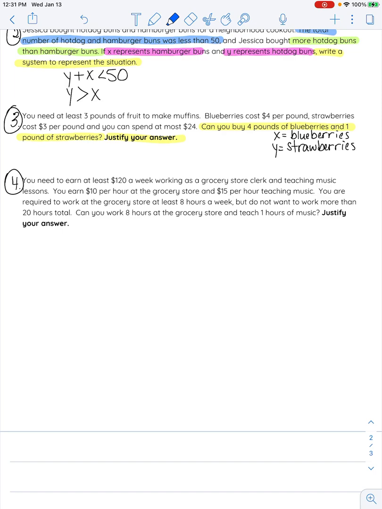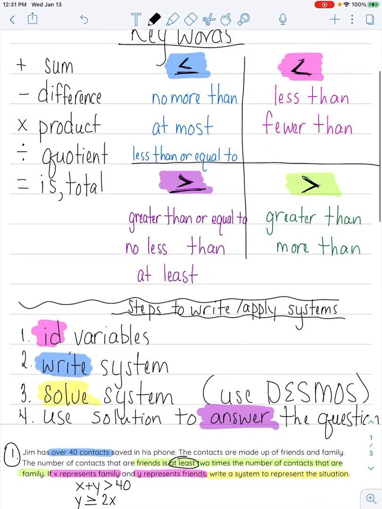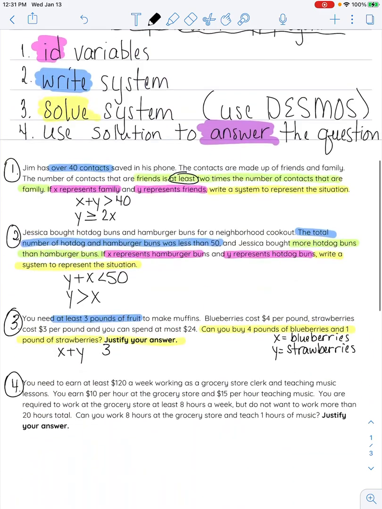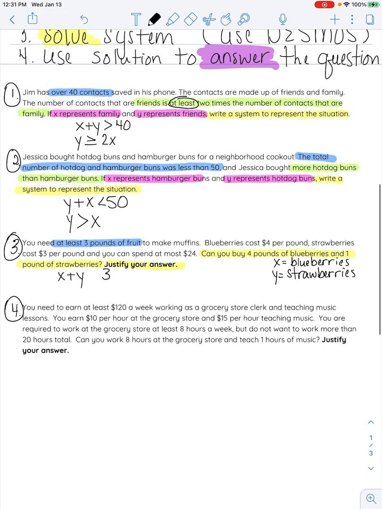So it says I need to buy at least 3 pounds of fruit. So that means my blueberries plus my strawberries has to be something 3. Well, the word at least, if I look back at my chart, at least is greater than or equal to. Greater than or equal to 3.